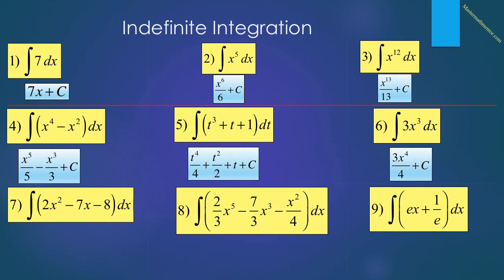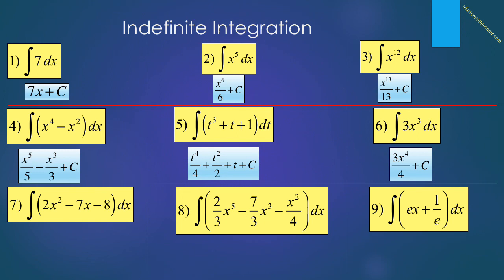In number 5, the integral of t cubed plus t plus 1 dt. Now we're integrating with respect to t, so we get t to the fourth over 4 plus t squared over 2 plus t plus c.